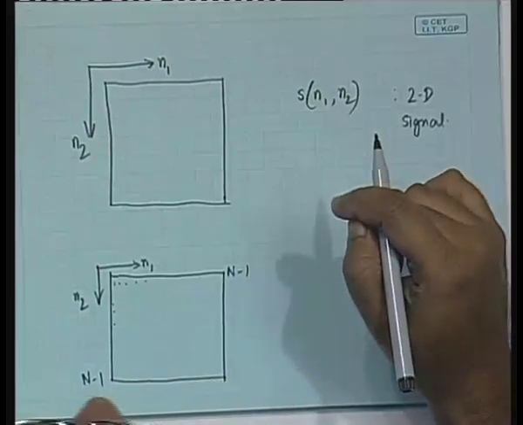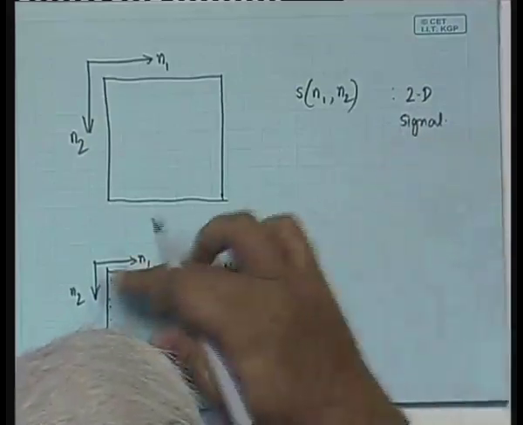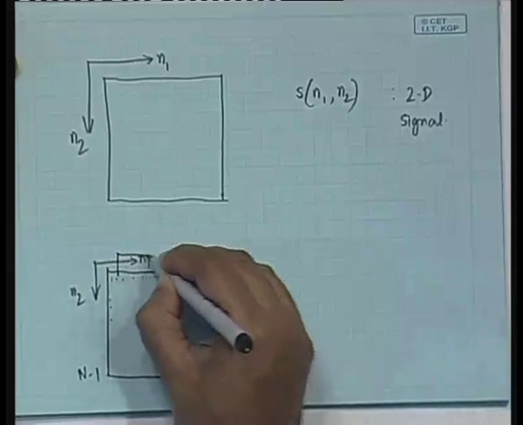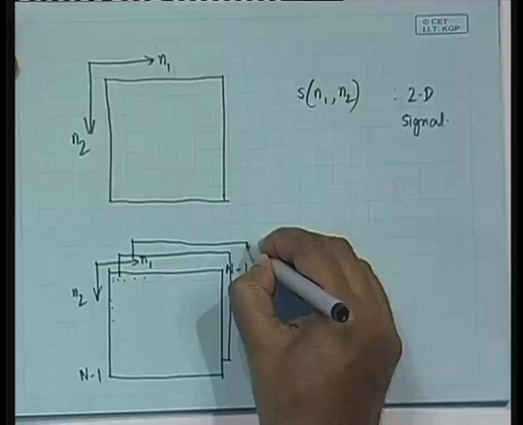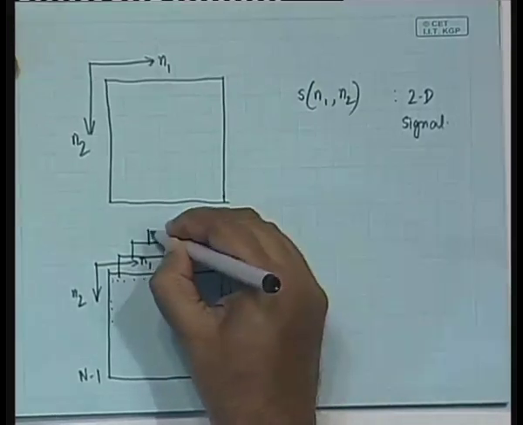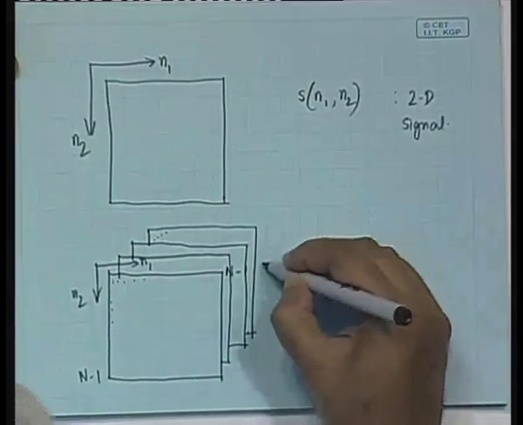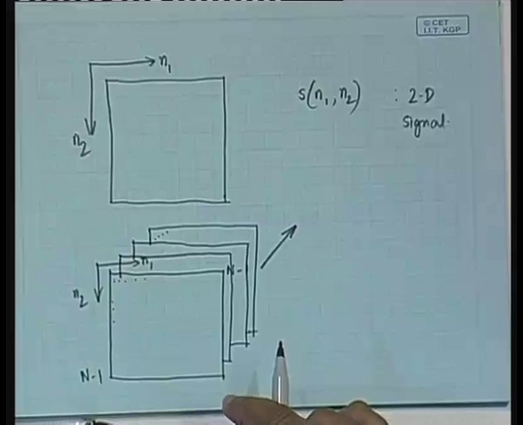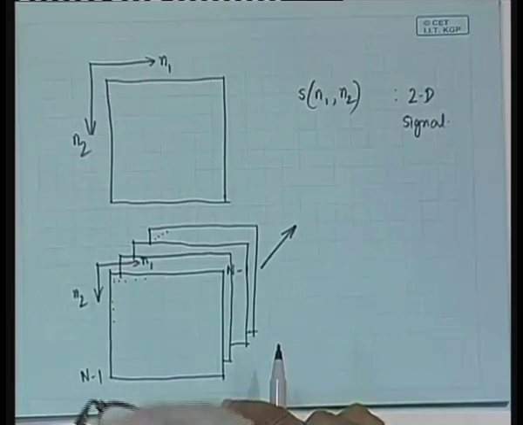That means the image size is N by N, and that composes a frame. But in the case of video, we have a sequence of such frames. So we also have a third dimension getting added, and that third dimension is the variability with respect to time.